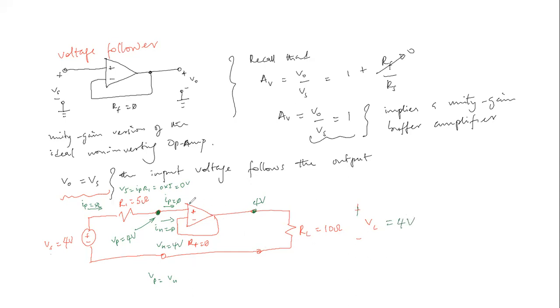So you see, because we use the voltage follower, or better still, the unity gain buffer, we were able to present the same voltage at the load as was produced by the source. So hence the voltage follower or the unity gain buffer amplifier may be used in digital circuit design.